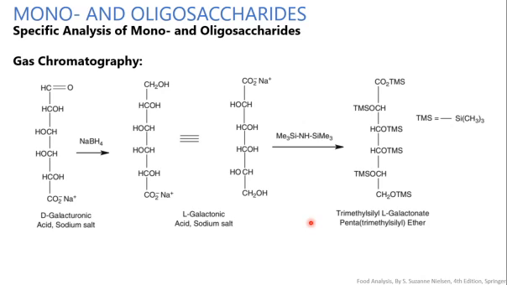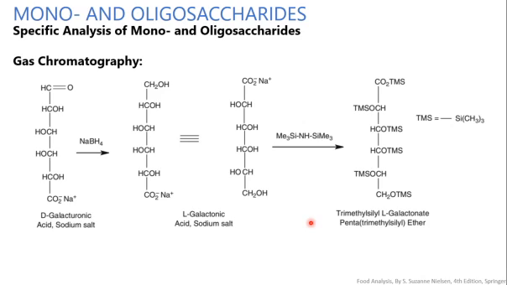So this is another reaction where we have the sodium salt of D-galacturonic acid. Whenever reduced with NaBH4, it will give rise to the sodium salt of L-galactonic acid, and then whenever this particular compound reacts with the trimethylsilylamine group, there is a formation of TMS derivatives, that is the OTMS derivatives.